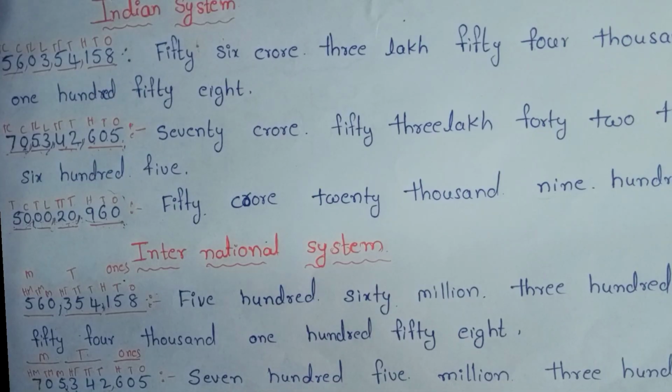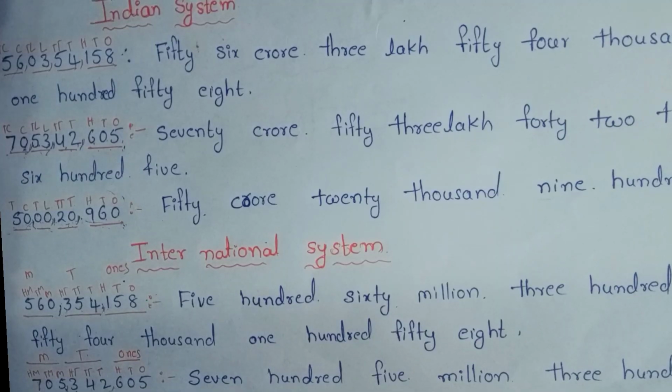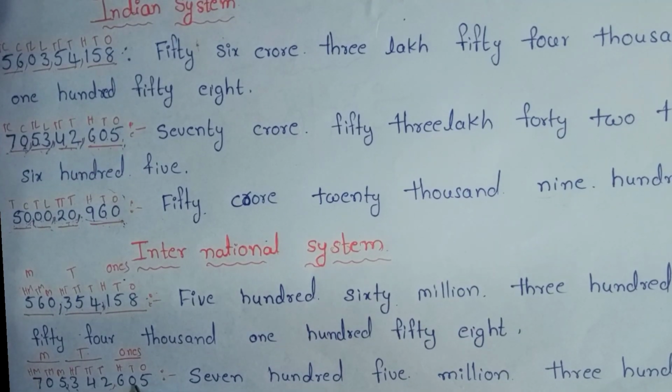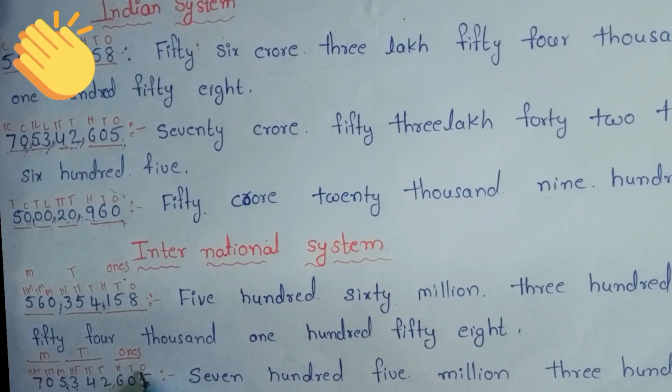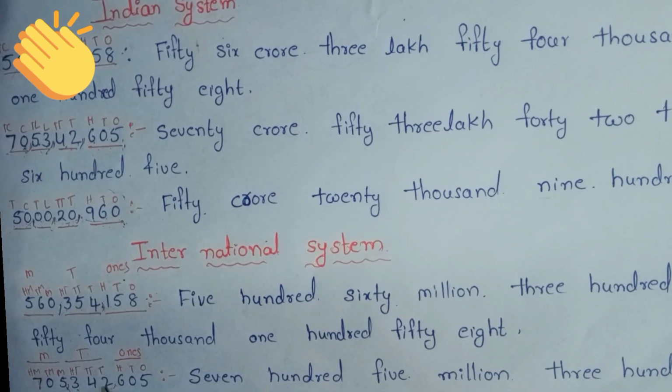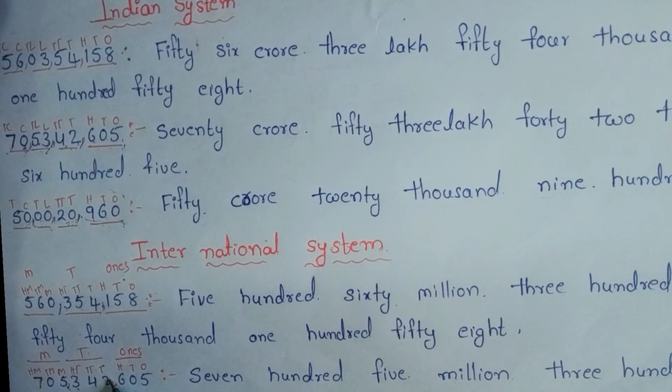Here the next number is 705342605. Here also ones, tens, hundreds, comma. These three digits are the unit place or ones place. Then 1000, 10,000, 100,000. These three digits are the thousand period.